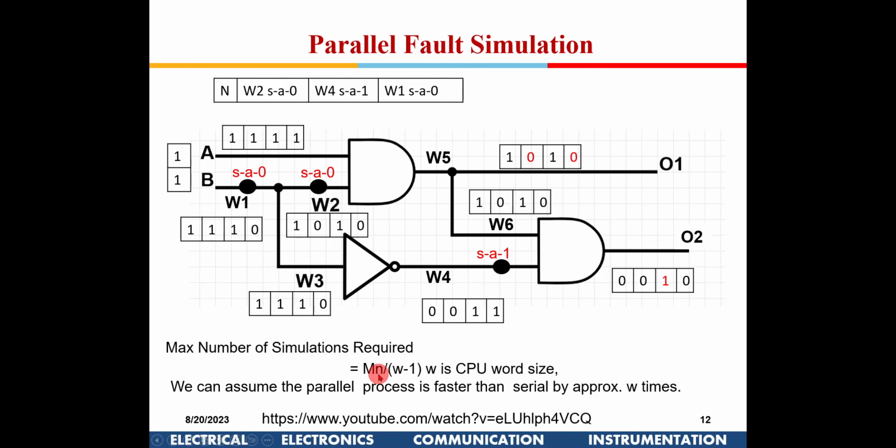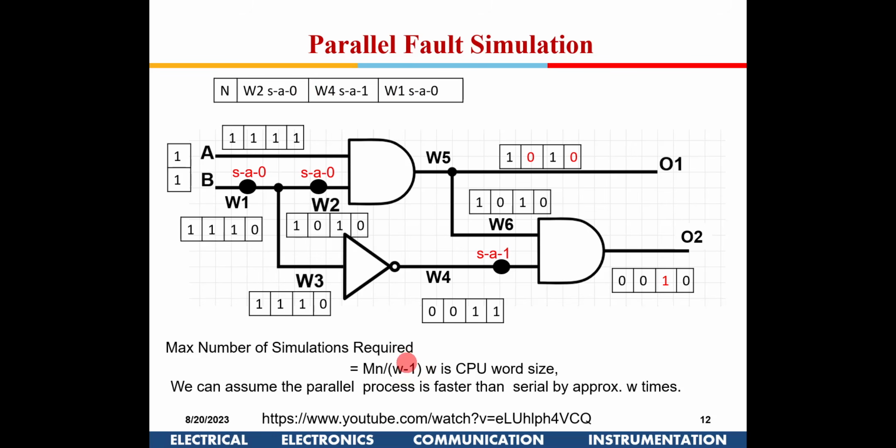Now we can say that the total number of simulations required will be lesser, you can divide it by roughly w, where w is the CPU word size. Because if it's a 4-bit word, 3 faults are being taken simultaneously. So it can speed up, right?